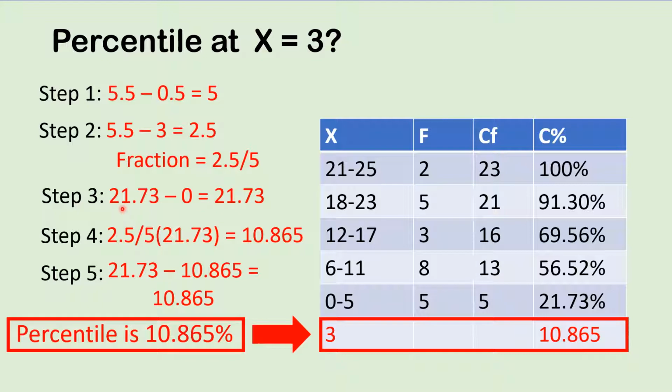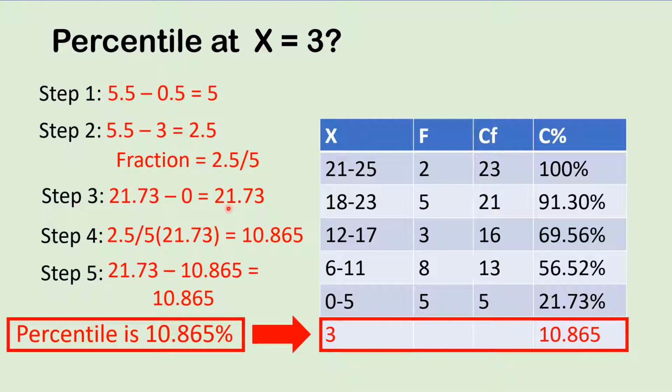So for step 3, we have to find the width of the interval, so what from 21.73 and below. And because there's nothing really below 21.73, it is technically 0. So 21.73 minus 0, of course, equals 21.73. So the width of the interval in this case is literally that number.